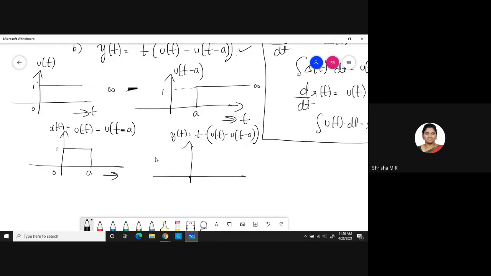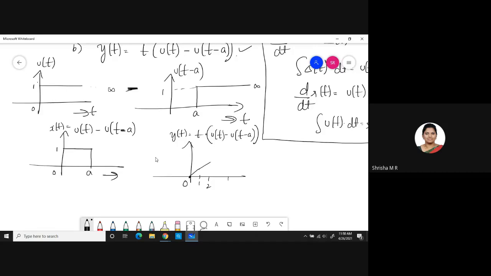At t is equal to 0, the signal will be 0 only. Correct? 0 into 1 will be 0. At t is equal to 1, it will be 1 into 1. The signal will be 1. At 2, it will be 2 into 1. It will be 2.